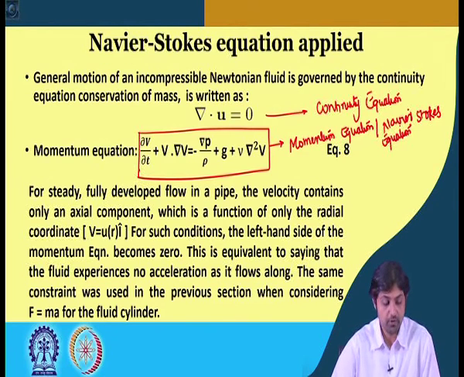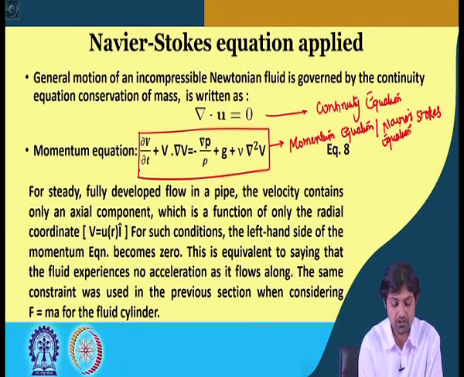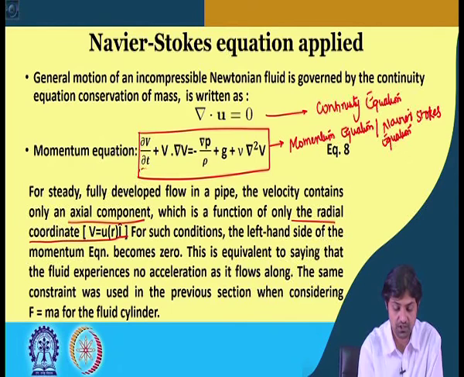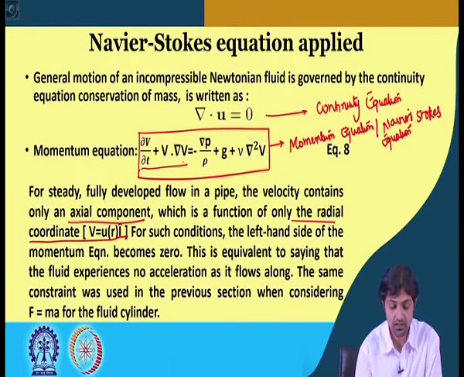So, you should remember that for steady fully developed flow in the pipe, the velocity contains only an axial component, which is a function of only the radial coordinate r that we have talked about in the beginning of this chapter itself, right. So, for such conditions, the left hand side of the momentum equation becomes 0 because it is steady, correct.